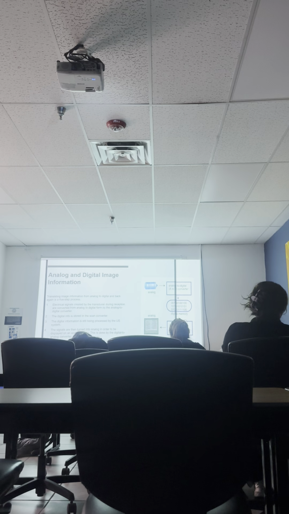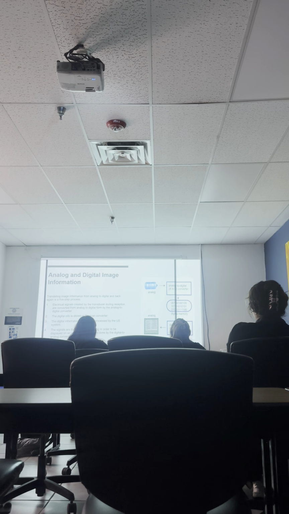So we have analog to digital image information. Translating information from analog to digital and back to analog is a 5-step process. First it goes to the analog to digital converter. Remember when we got that information from the transducer, we had to store it, and then it gets digitized.